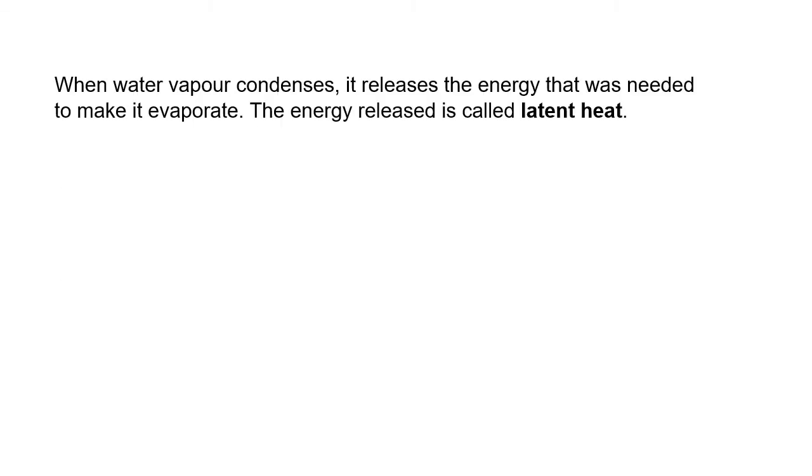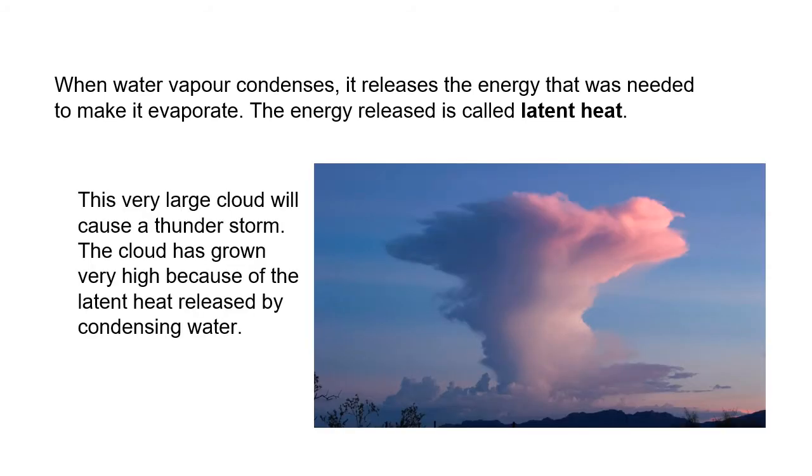We've seen that when substances condense or freeze, they release the latent heat that is needed to melt them or evaporate them. So in this picture, there's a very large cloud which will cause a thunderstorm. The cloud has grown very high because of the latent heat released by condensing water.